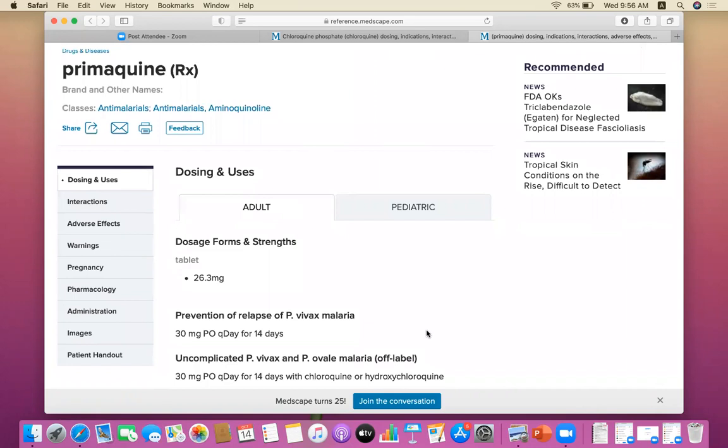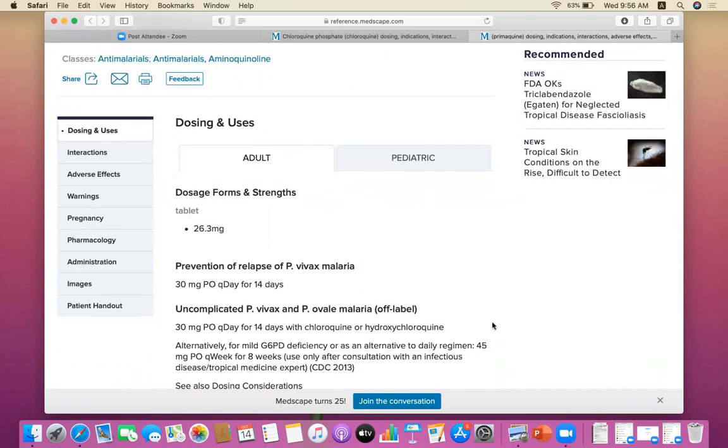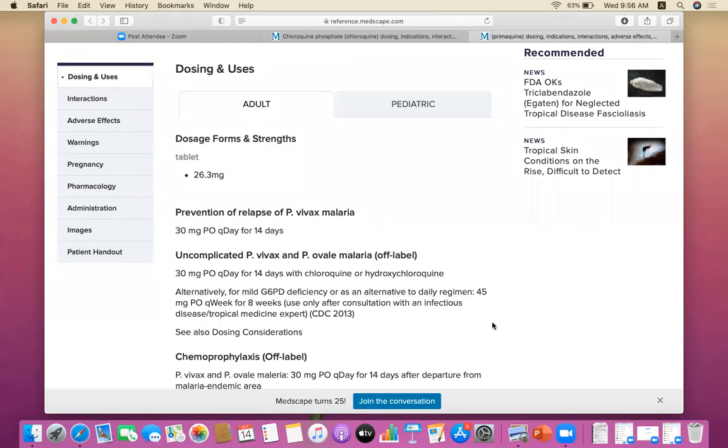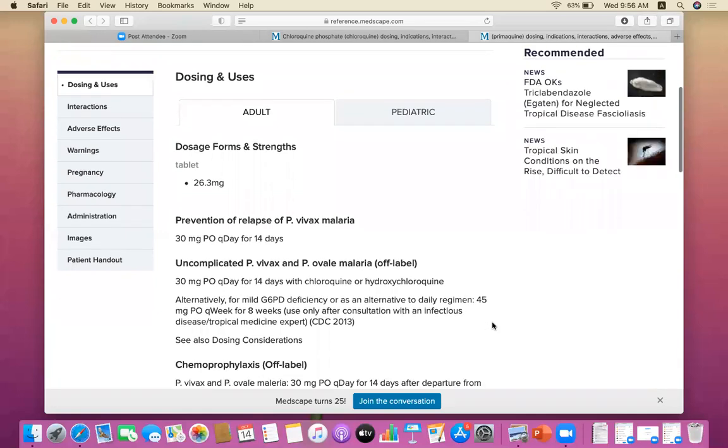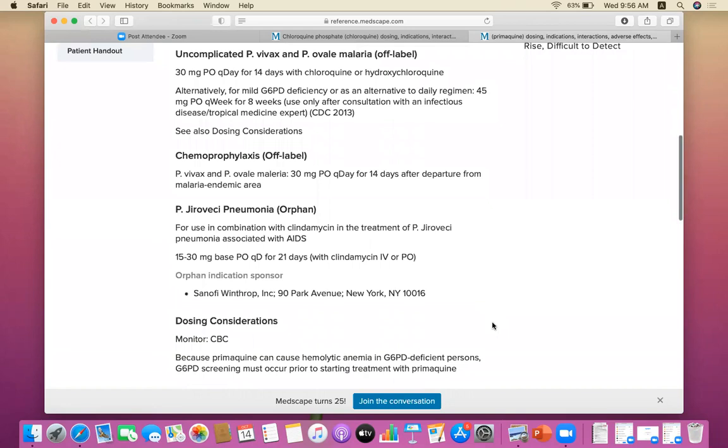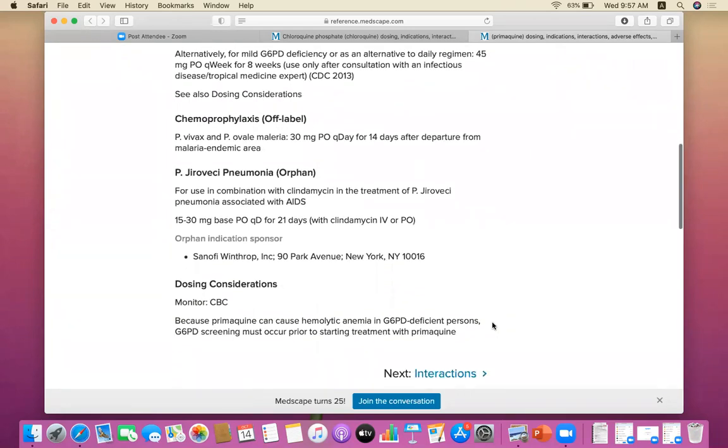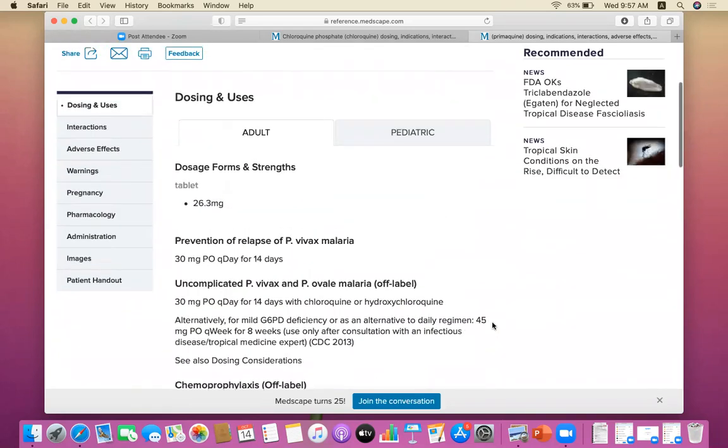Prevention of relapses of Plasmodium vivax malaria, uncomplicated Plasmodium vivax and Plasmodium ovale malaria. It is also used off-label for prevention purposes.